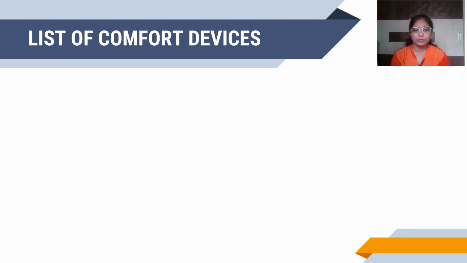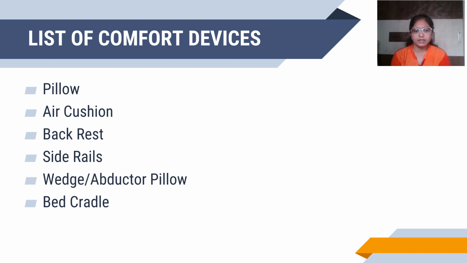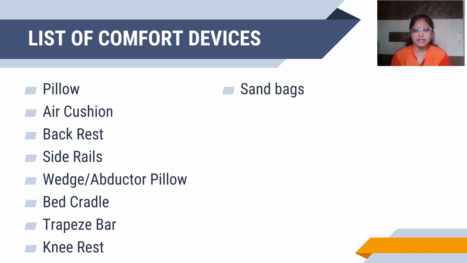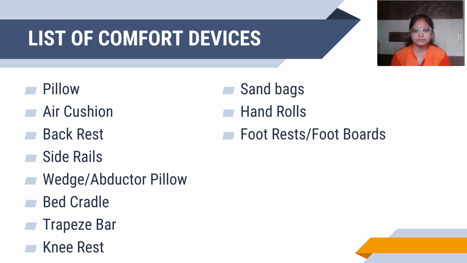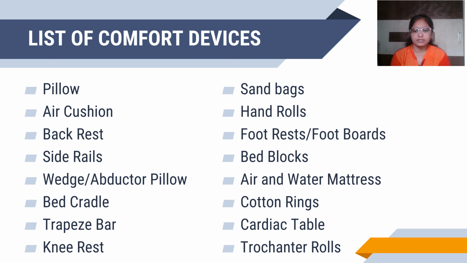Now we will learn about various comfort devices. First, the list of various comfort devices: pillow, air cushion, backrest, side rails, wedge or abductor pillow, bed cradle, trapeze bar, knee rest, sandbags, hand rolls, foot rest or footboards, bed blocks, air and water mattress, cotton rings, cardiac table, and trochanter rolls.